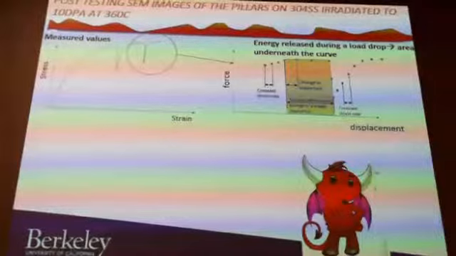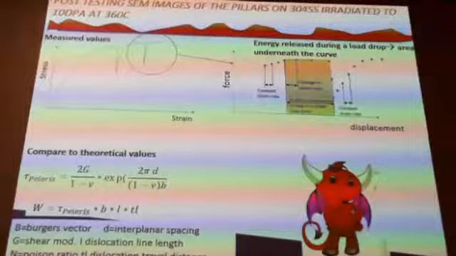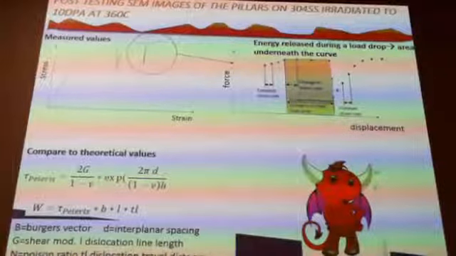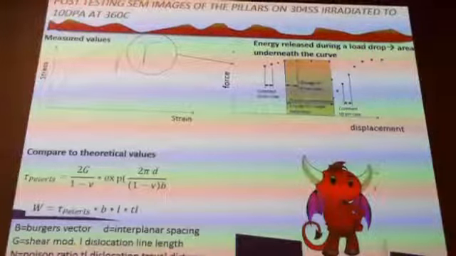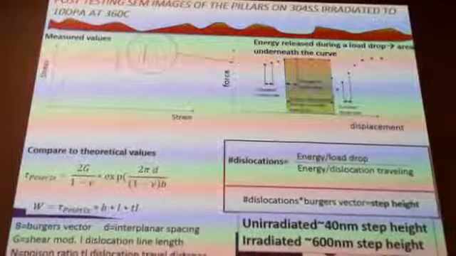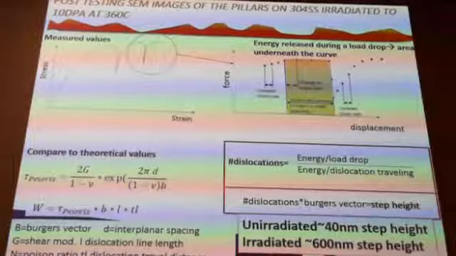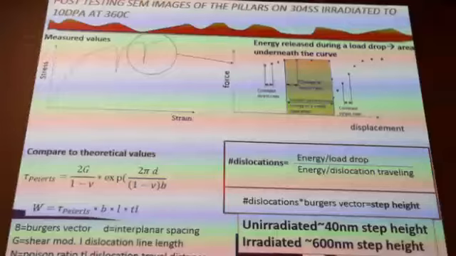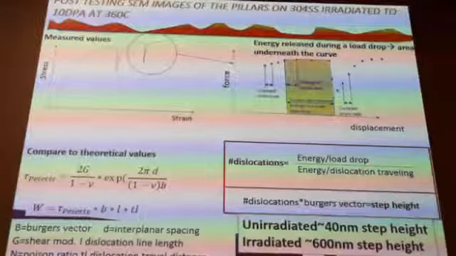And if you put a little bit of thought into this, and some equations, which I'm happy to explain, but I'm sort of running out of time a little bit, you can estimate that in your unirradiated case, you should see something like a 40 nanometer type step height. And in the irradiated case, you should see something like a 600 nanometer step height.